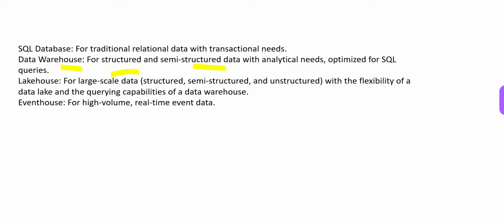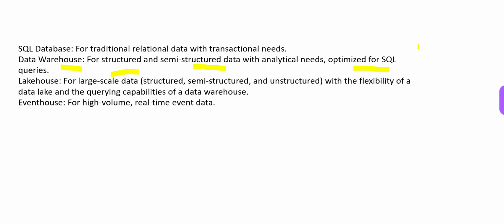Why? You want to create a business intelligence report on top of it, or you want to just analyze it using Power BI or Tableau. So this is optimized for SQL queries. It is not a NoSQL database.